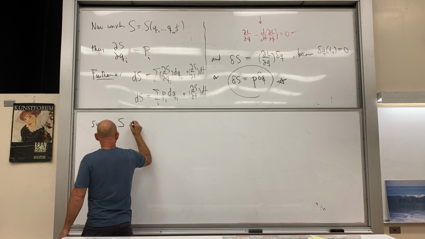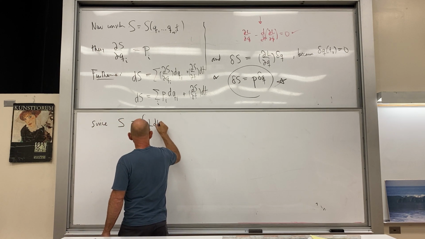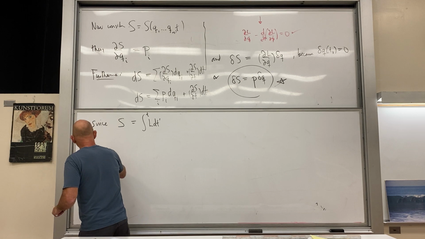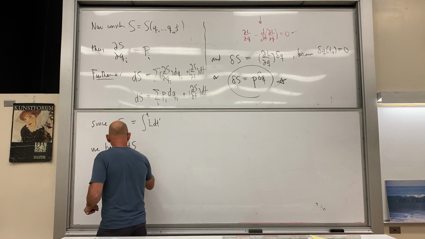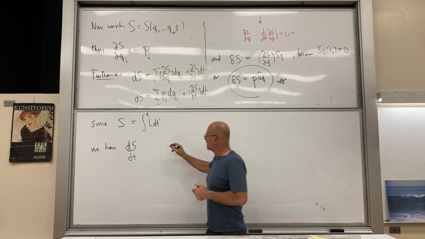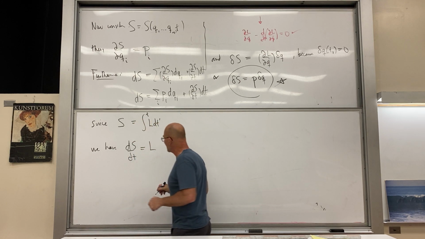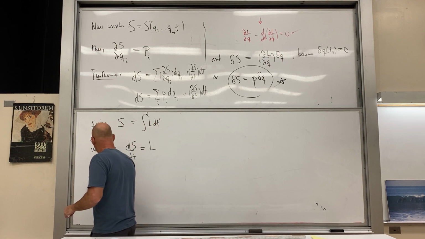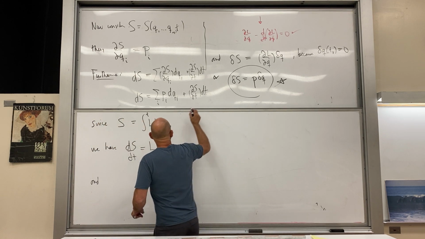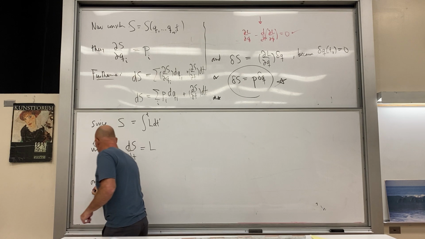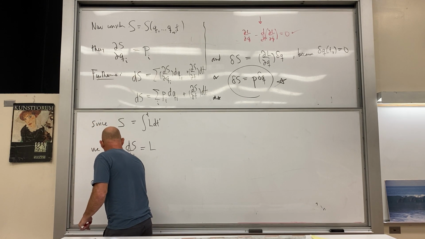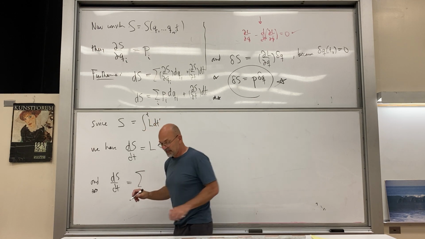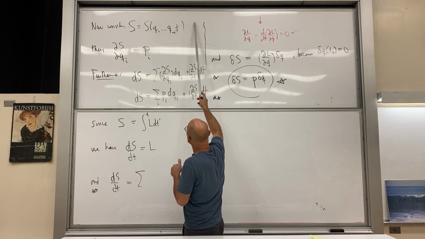Since S equals the integral of L dt, and t is the upper bound there, we immediately have dS/dt, the total time derivative, just by the fundamental theorem of calculus, is equal to L. Because that's the upper bound in the time, you get dS/dt equals L. And from this double star, dS/dt is equal to the sum of, the complete time derivative, actually from this one up here.